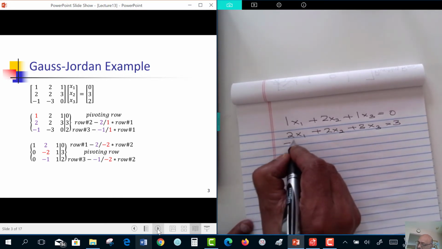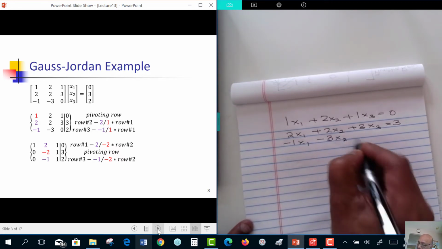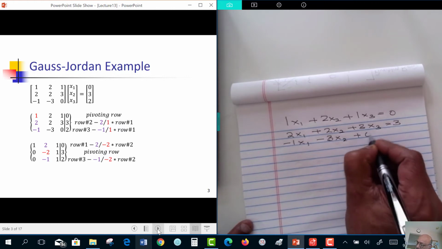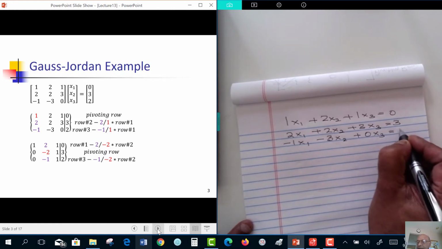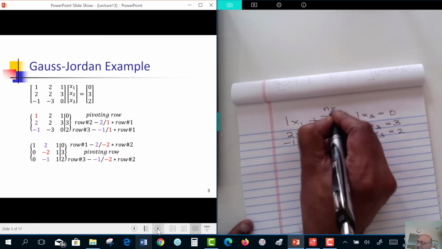And then minus 1x1 minus 3x2, no x3, so we'll write as 0x3, is 2. So our size of the system is 3.